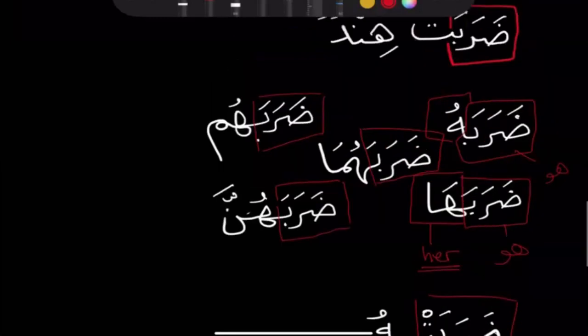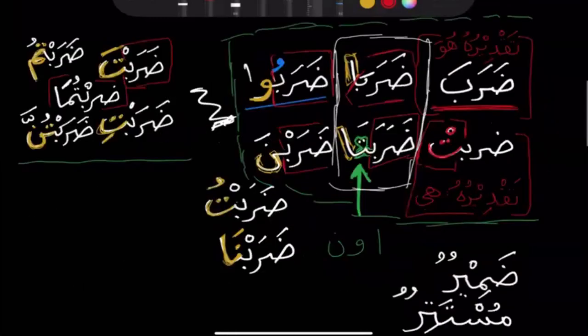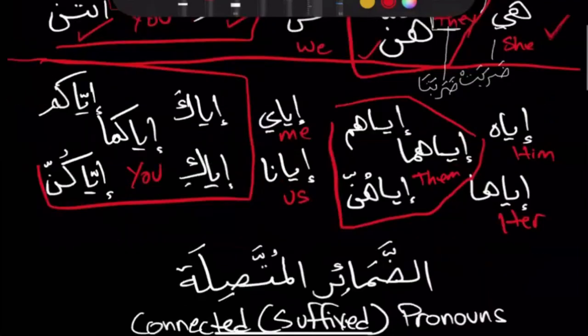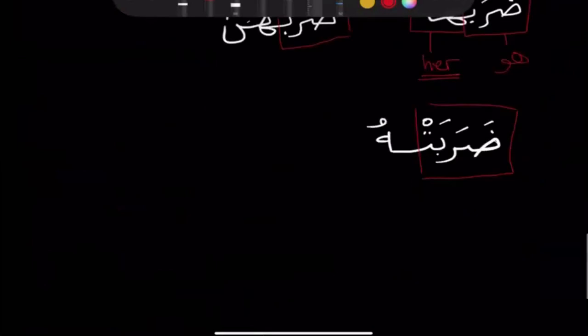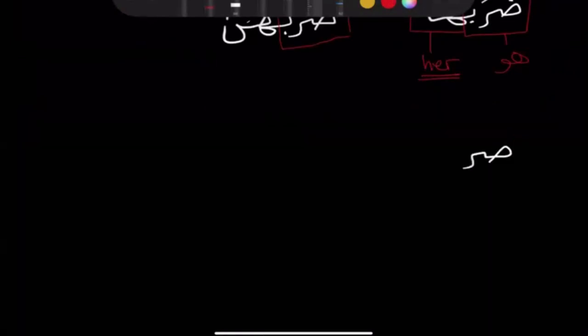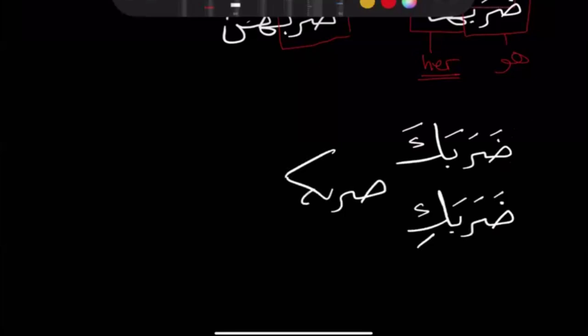So right now, we just saw what corresponds to iyahu, iyaha, iyahuma, iyahum, iyahunna. And you say darabaka, darabaki, darabakuma, he hit you.